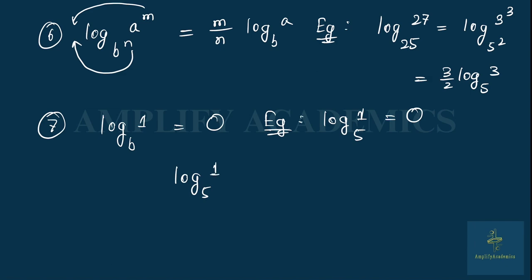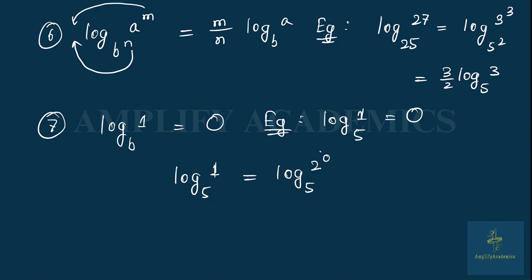We can rewrite this argument as log base 5 and let's say 2 to the power 0. Again, you don't have to specifically select 2. You can just select randomly any number, or you can also put a variable, because anything to the power 0 is 1. So I just randomly selected a number.